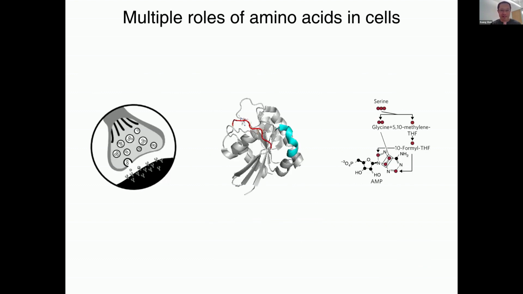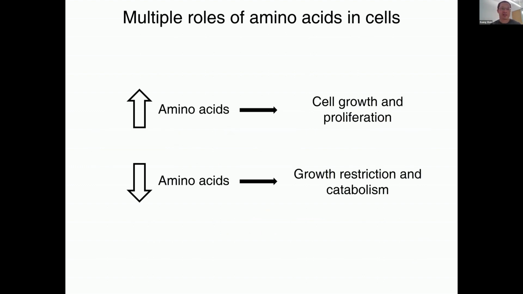So we all know that amino acid is one of the basic building blocks of all living organisms. So they can form the backbone of proteins, they can participate in numerous metabolic reactions, and they can serve as neurotransmitters. So considering their importance, a cell should coordinate its survival strategy based on the availability of an amino acid in the environment.